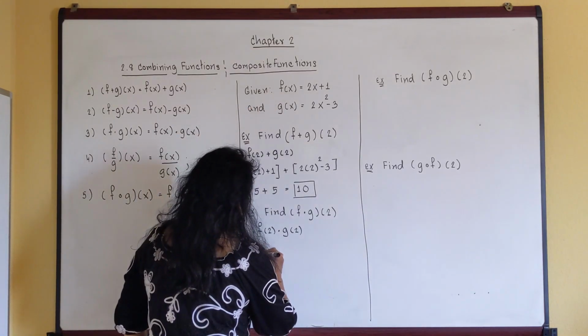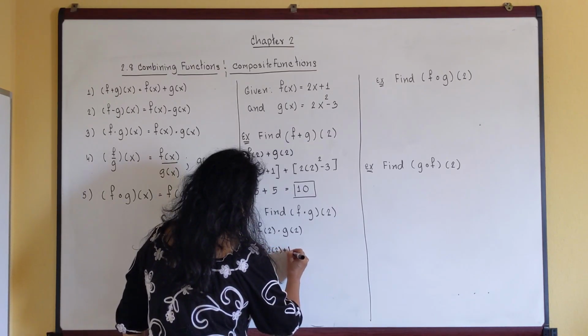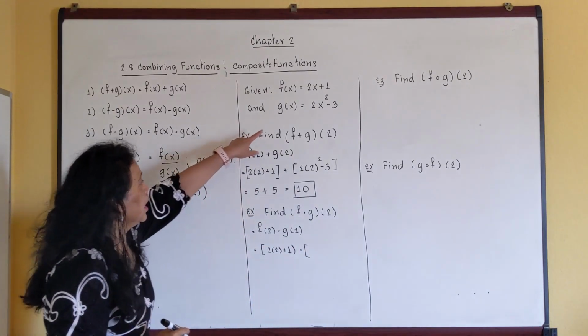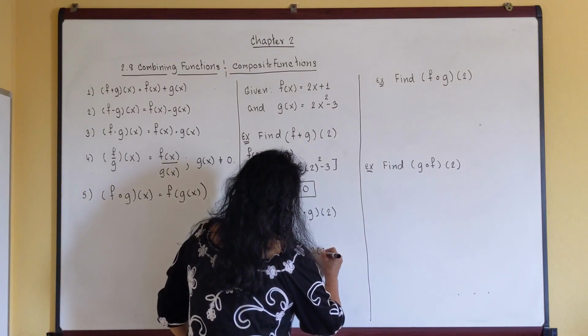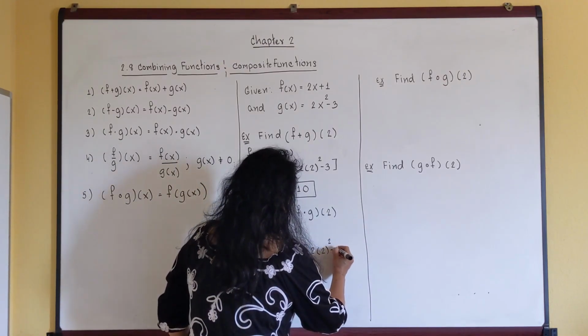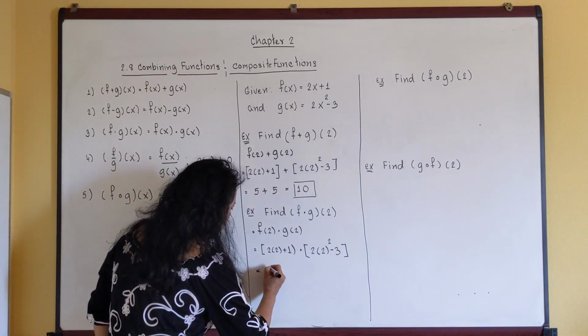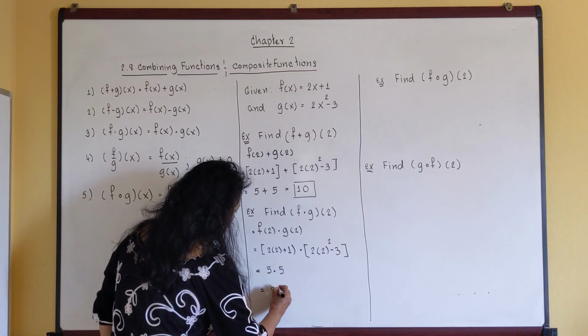So you're going to have 2 times 2 plus 1, times the g function. Go to the g, replace the x by 2. Again, I have 2 squared minus 3. So it's going to be 5 times 5, which is 25.